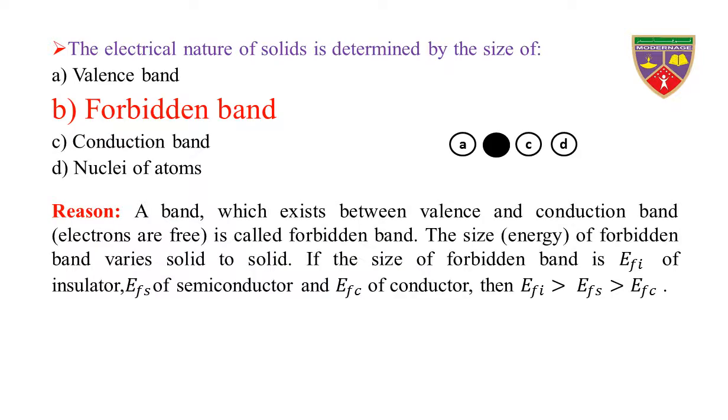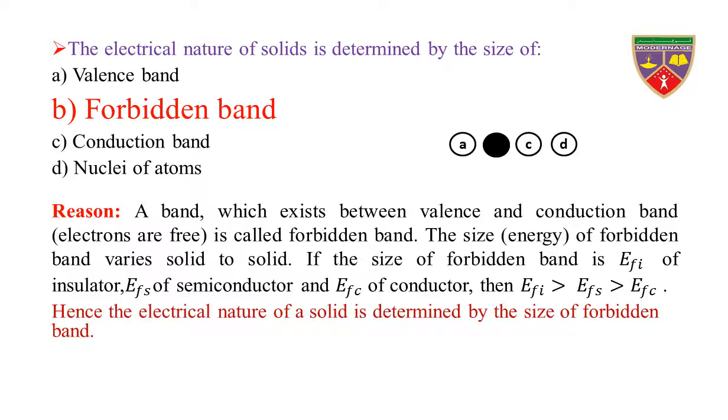Reason: a band which exists between valence and conduction band, where electrons are not free, is called forbidden band. The size, that is energy, of forbidden band varies from solid to solid. If the size of forbidden band is EGI for insulator, EGS for semiconductor, and EGC for conductor, then EGI is greater than EGS greater than EGC.